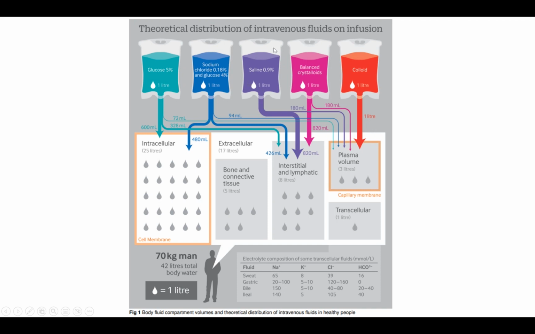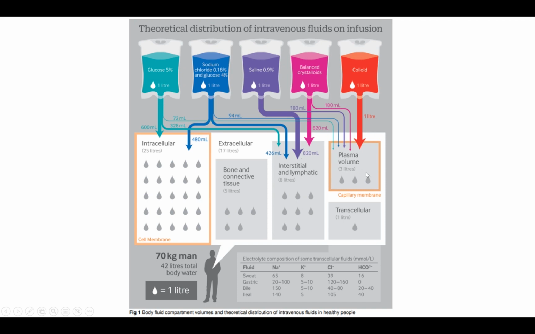If you give normal saline, it will be distributed equally between the intravascular compartment and the interstitial compartment. And since the interstitial compartment is almost 75% of the whole extracellular compartment, the normal saline will be distributed at 25% intravascularly and 75% extravascularly in the interstitial compartment.